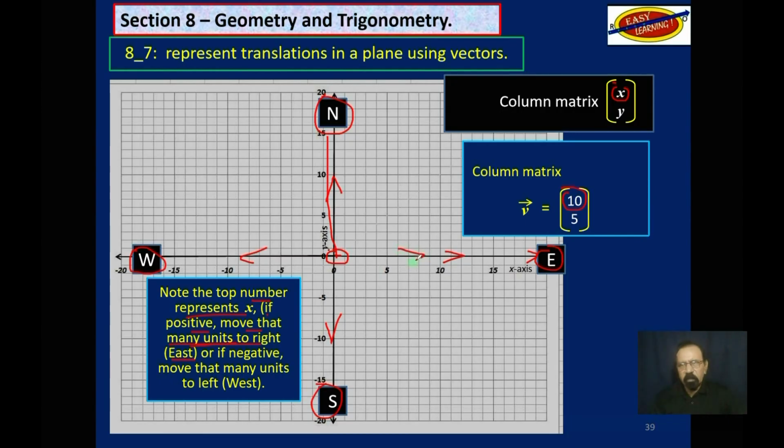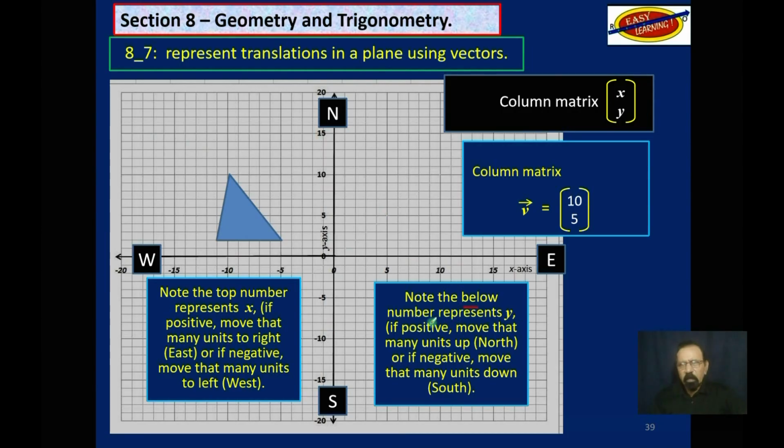So you would go in this direction from wherever you start, not to the coordinate 10, 5, but from wherever you start, you will go 10 units this way, positive 10. Of course, if it was a negative 10 and you start here, you will go 10 units that way, negative 10, which is west.